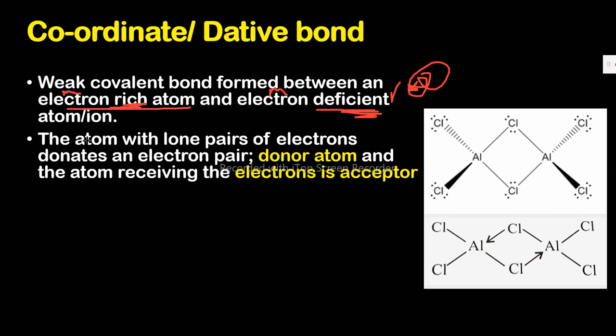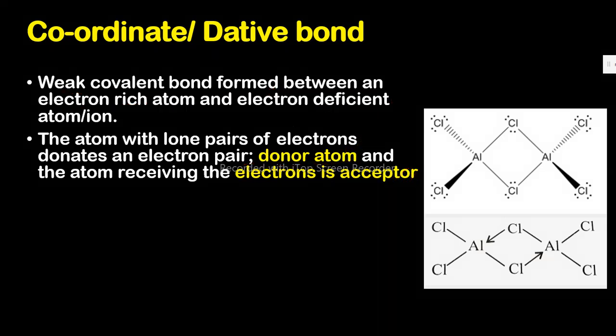So the atom with lone pairs of electrons donates them, and it's therefore a donor atom. The other one is an electron acceptor atom. So you are just a zumbi acceptor, and your buddy is a zumbi donor. Let's try to simplify science.